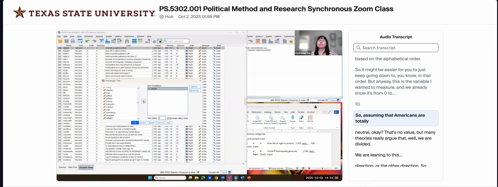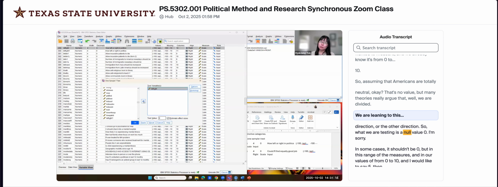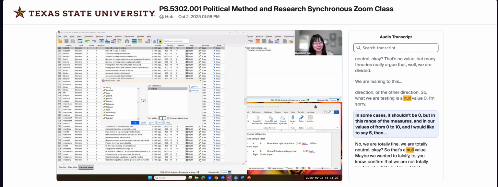So assuming that Americans are totally neutral, that's the null value, but many theories argue that we are divided. We are leaning to this direction or the other direction. So what we are testing is a null value. In some cases it should be 0, but in this range of the measures, from 0 to 10, I would say 5, then we are totally neutral.